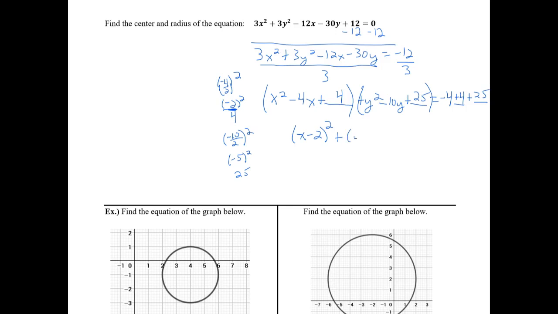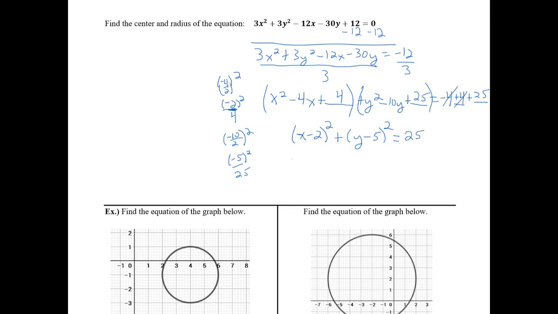So it should factor into y minus 5 squared. So again, this term here before it was squared was negative 5. And negative 5 times negative 5 is positive 25. Negative 5 plus negative 5 is negative 10. So that checks out. On the right-hand side, we have minus 4 and plus 4. Those are 0, and we're left with just a positive 25.